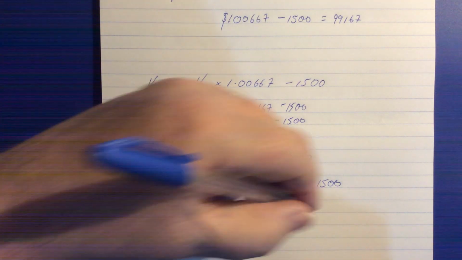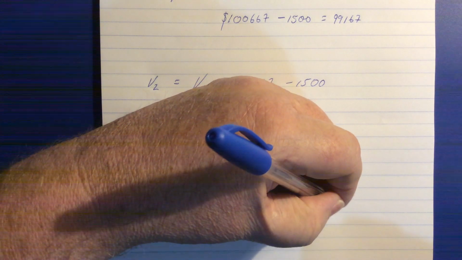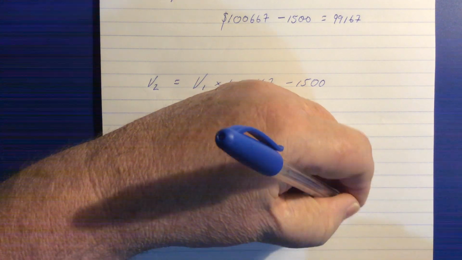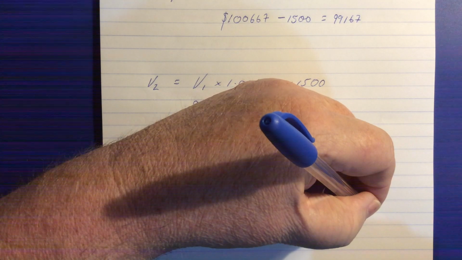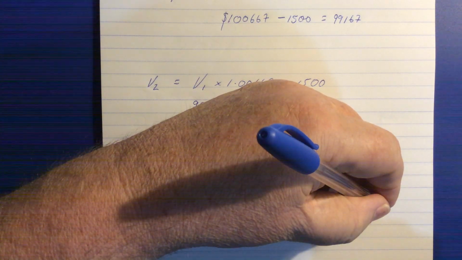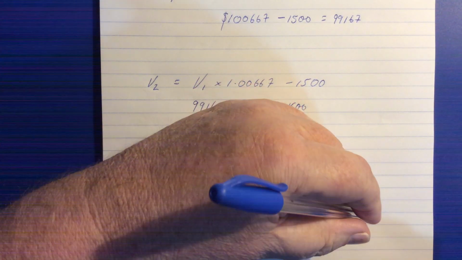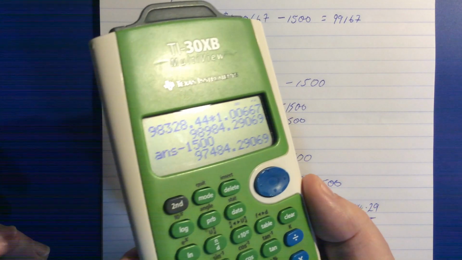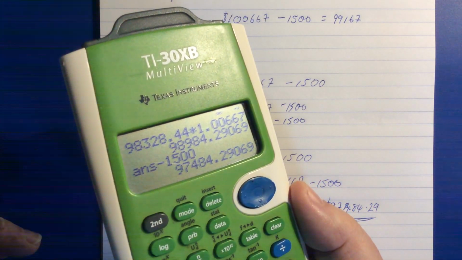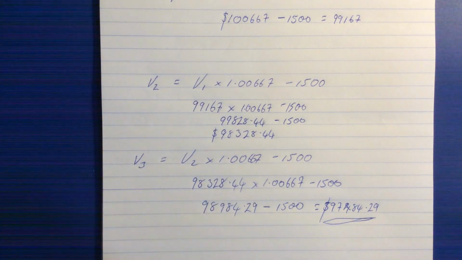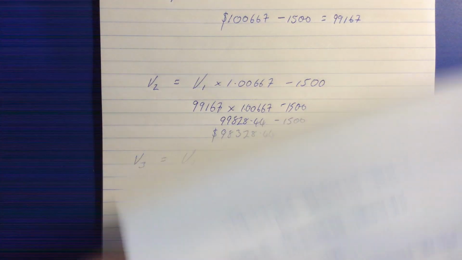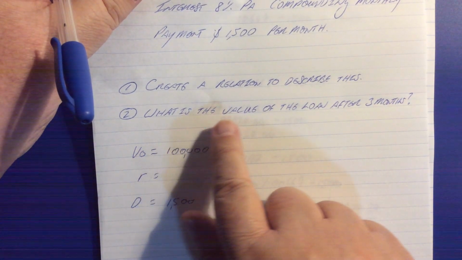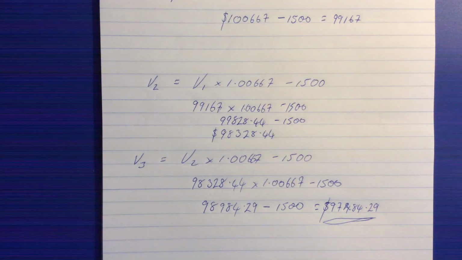And the answer that I get is $97,484.29. And that is our answer. There it is on the calculator, $97,484.29. Now, if we go back to the question, that is the value of the loan after 3 months. And that is how you calculate it.